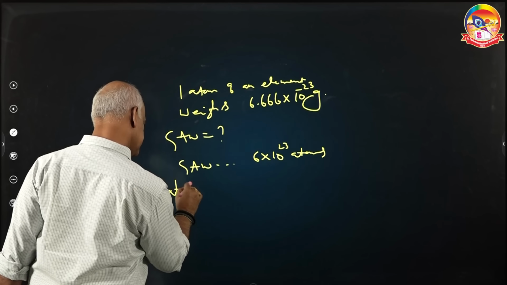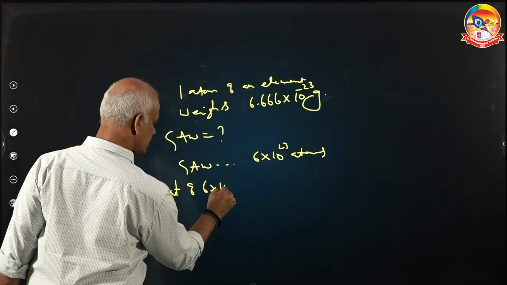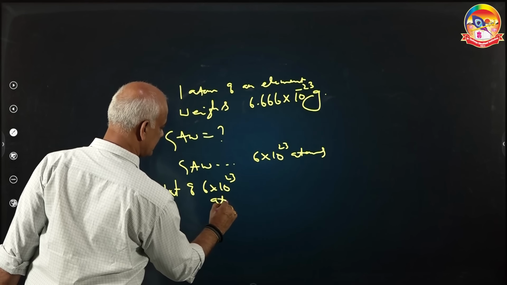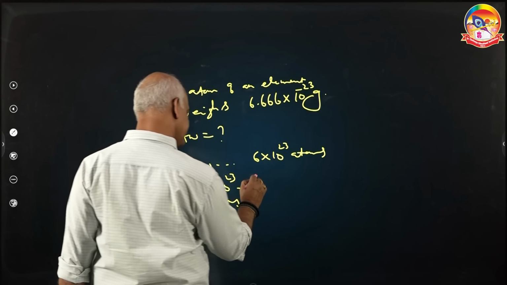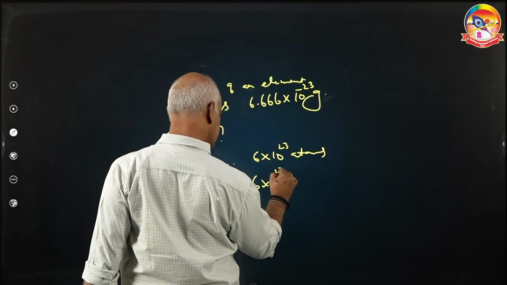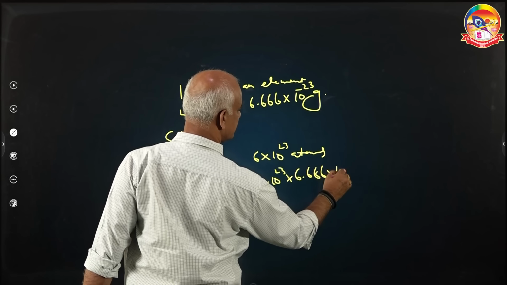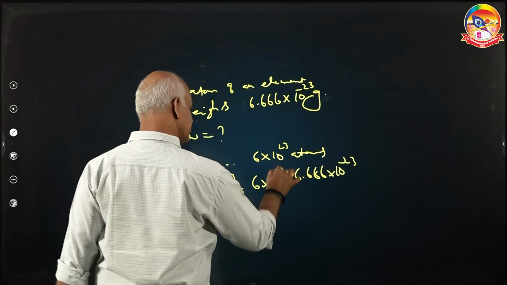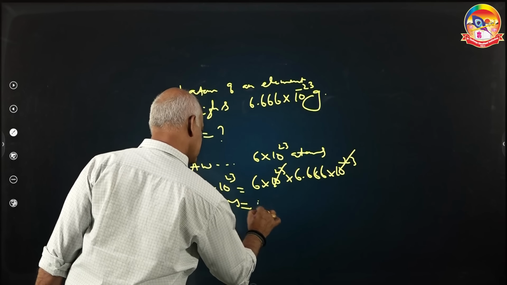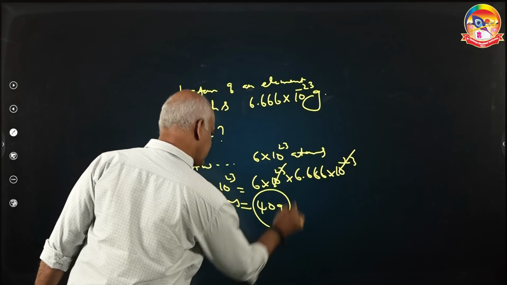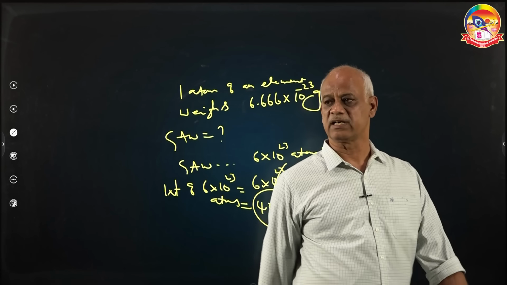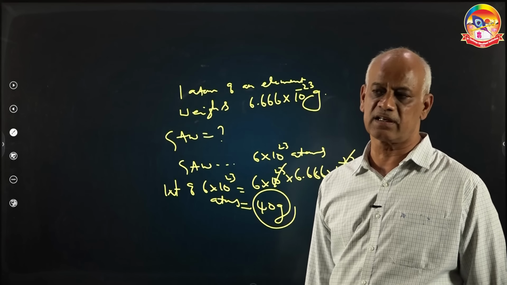Weight of 6 into 10 to the power 23 atoms is equal to 6 into 10 to the power 23 into 6.666 into 10 to the power minus 23, which will be approximately equal to 40 grams. 40 grams will be the gram atomic weight of that particular element.